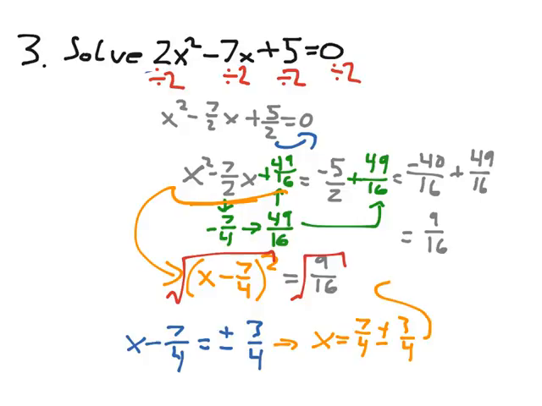So now this gives me my solutions. X could be 7/4 plus 3/4, which is 10/4, and 10/4 reduces to 5/2. So we could have 5/2, or 7/4 minus 3/4 is 4/4, which is just 1. And those are our solutions.